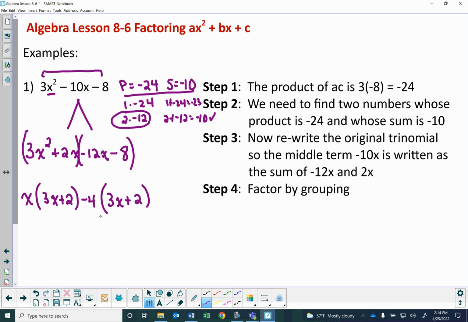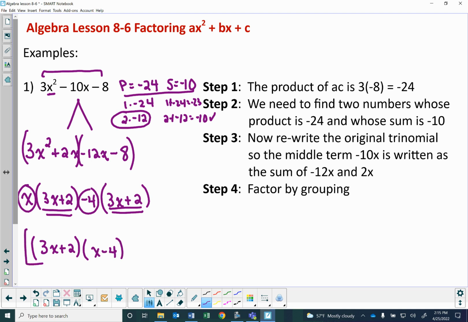And this is really important because we always want to get a common term. Once we've factored by grouping, whatever is common, the 3x plus 2, whatever happens both times, we take that out once, 3x plus 2. Whatever is left over, the x and the negative 4, is the second part, x minus 4.